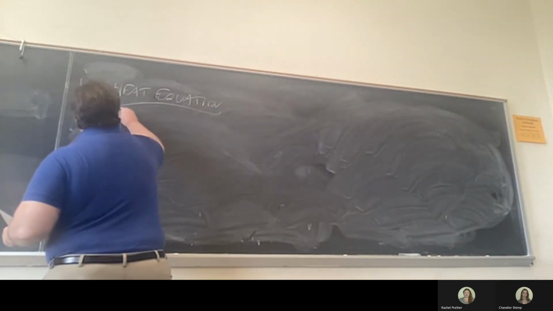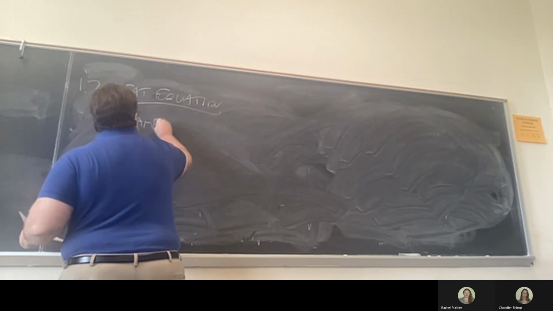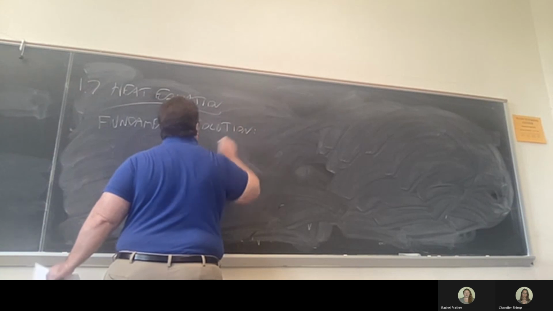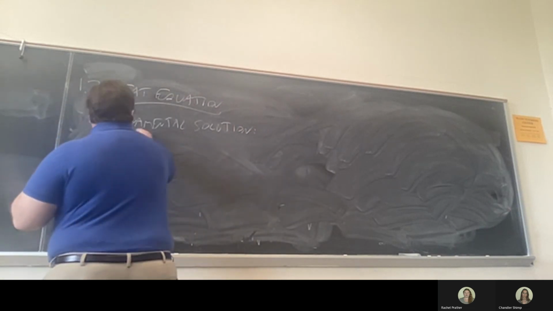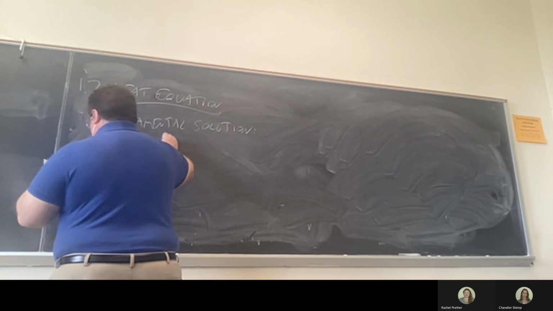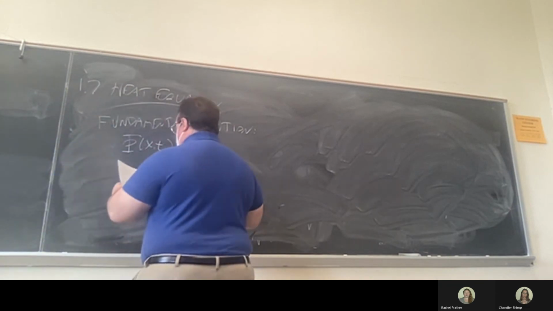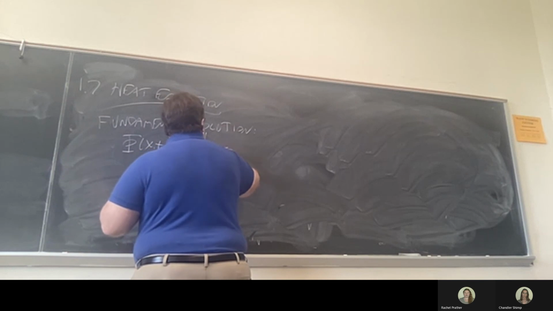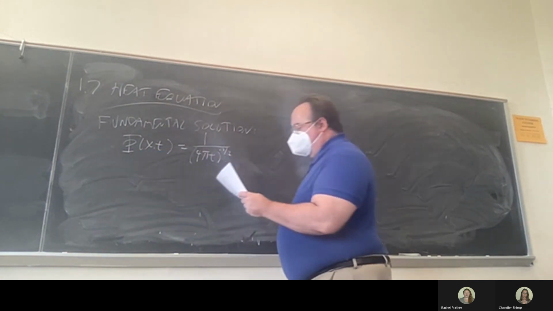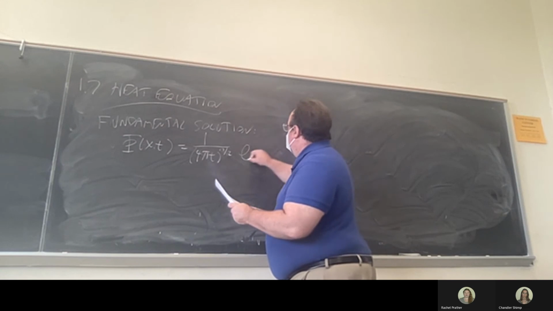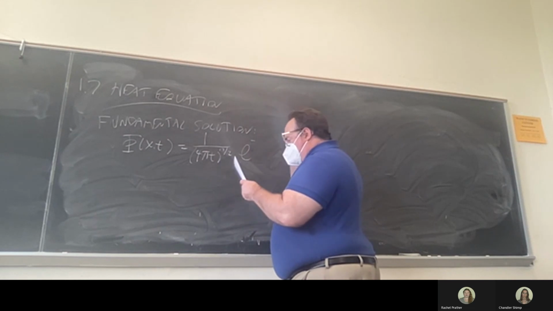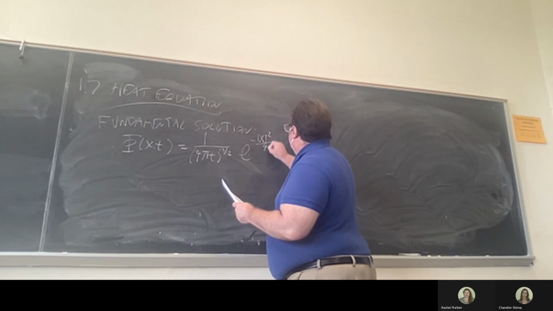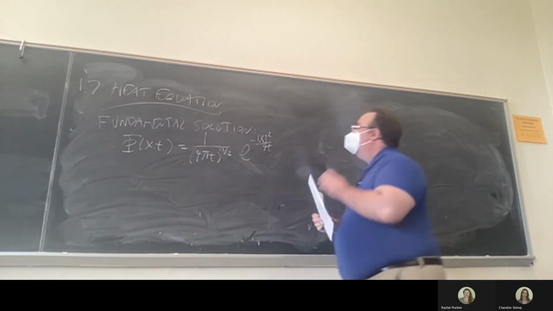All right. So just as Laplace's equation had a fundamental solution, I won't go to the trouble of deriving it in this case. The fundamental solution to the heat equation is 1 over 4 pi t to the n over 2 power, where n is how many spatial dimensions you have, e to the minus magnitude of x squared over 4t.